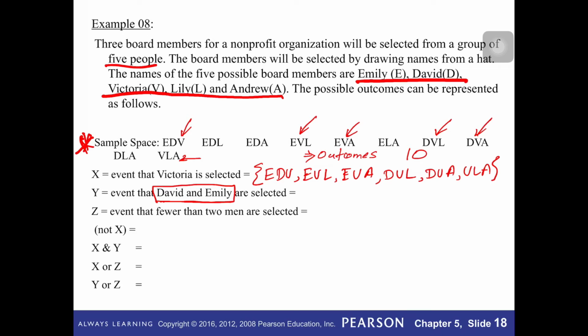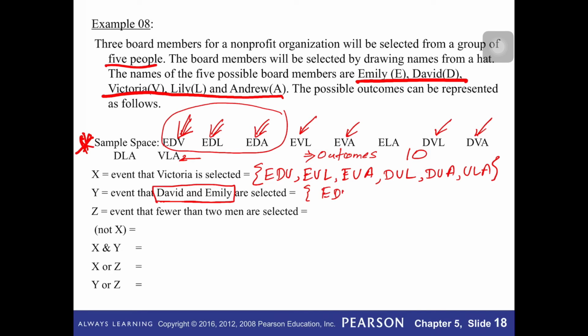It doesn't matter about the order, it can be D and E or E and D. So DE or ED, okay, we have this one, DE, this one, DE, and this one, DE. Yeah, that's all, we have only these three, right?